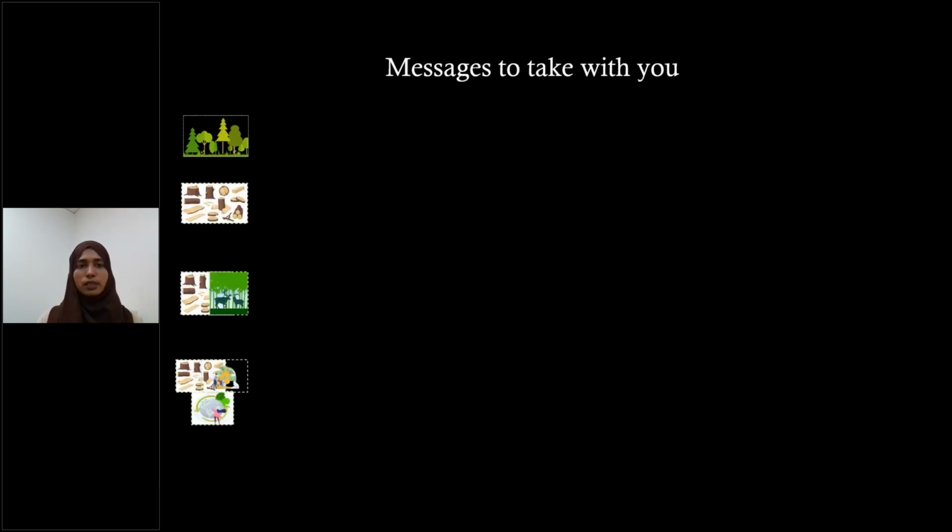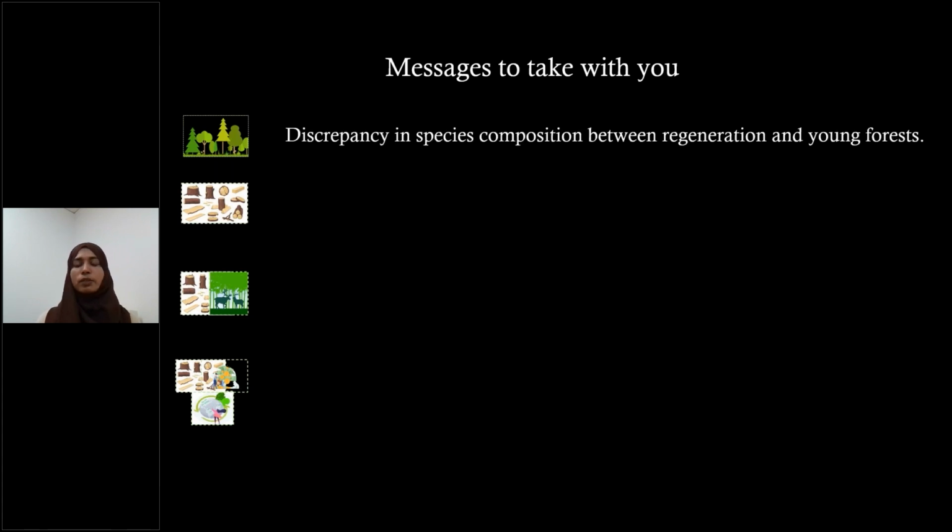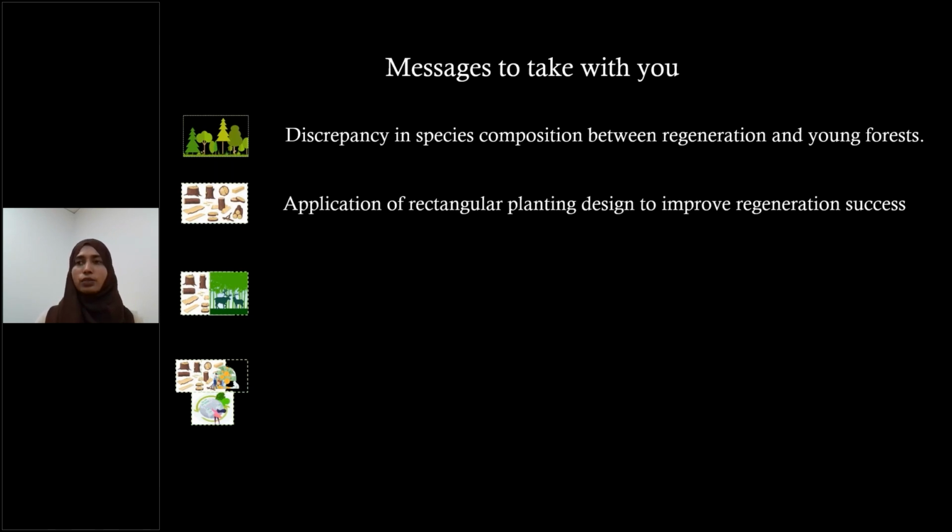So now I'm gonna summarize and give you some messages in general that you can take with you. The first one is that species composition has changed in young forest from what the forest owner intended. And as rectangular planting design has no effect on growth and quality of the conifer trees in Sweden, it can be used to improve regeneration and facilitate other management programs.